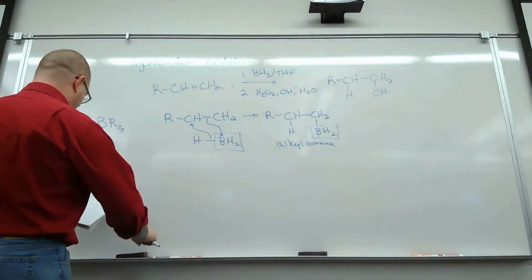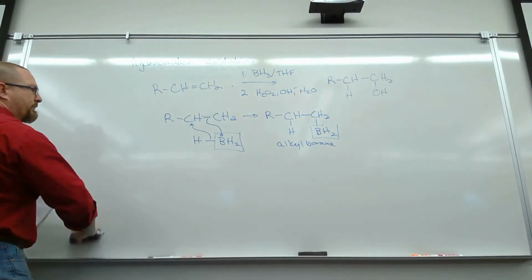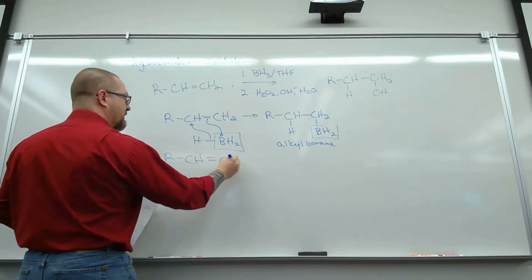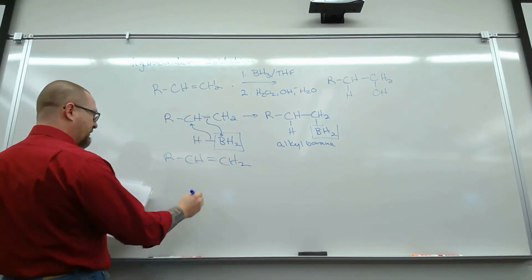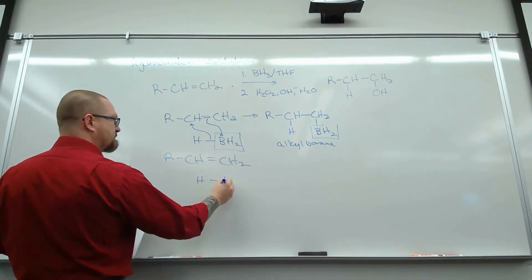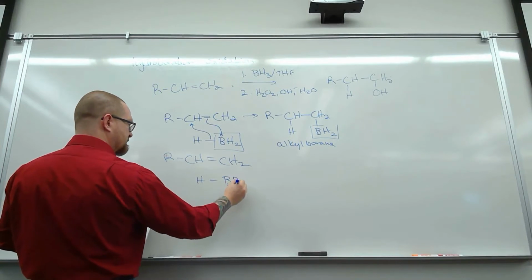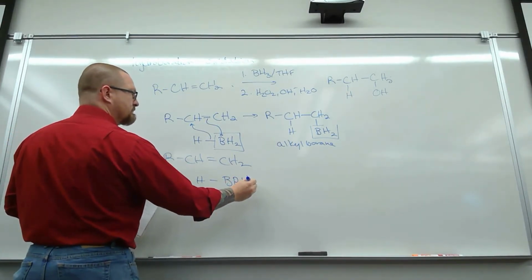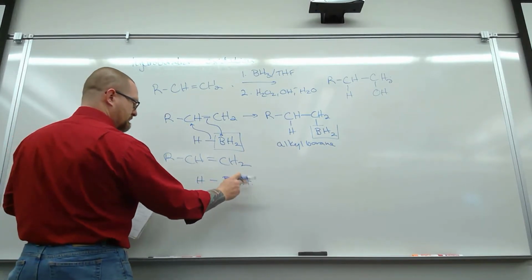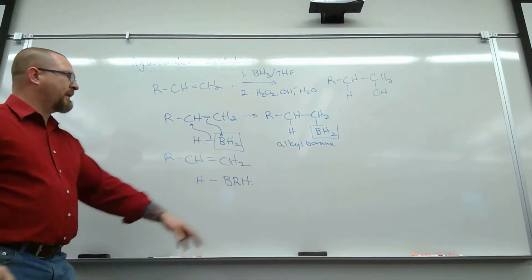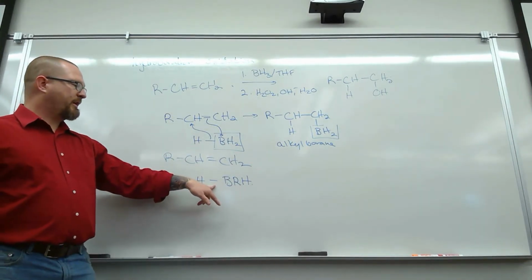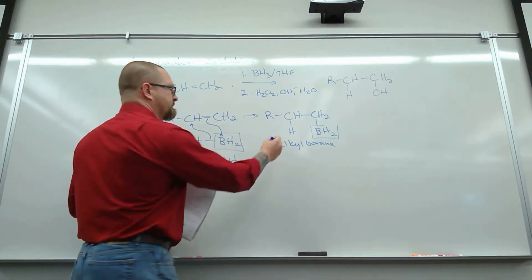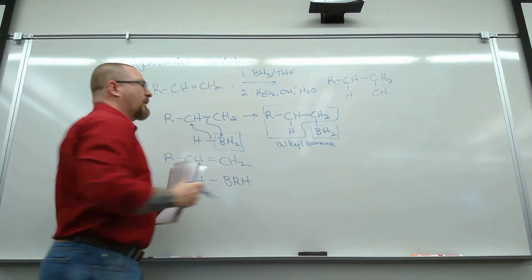Let's see here, let me just go ahead and draw one of those out. So we've got another equivalent of alkene, and I'm going to draw this in. So we've got our two hydrogens. I've drawn one with the bond on the hydrogen, and the R group being all of that.